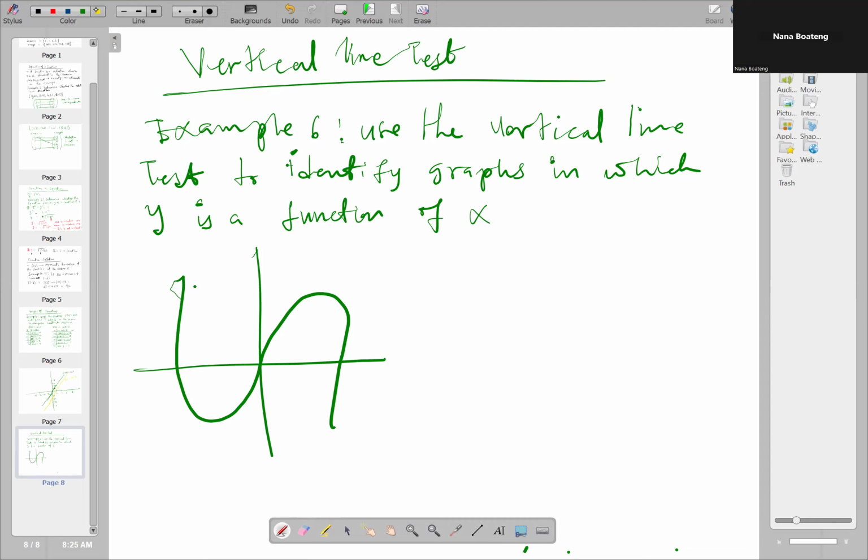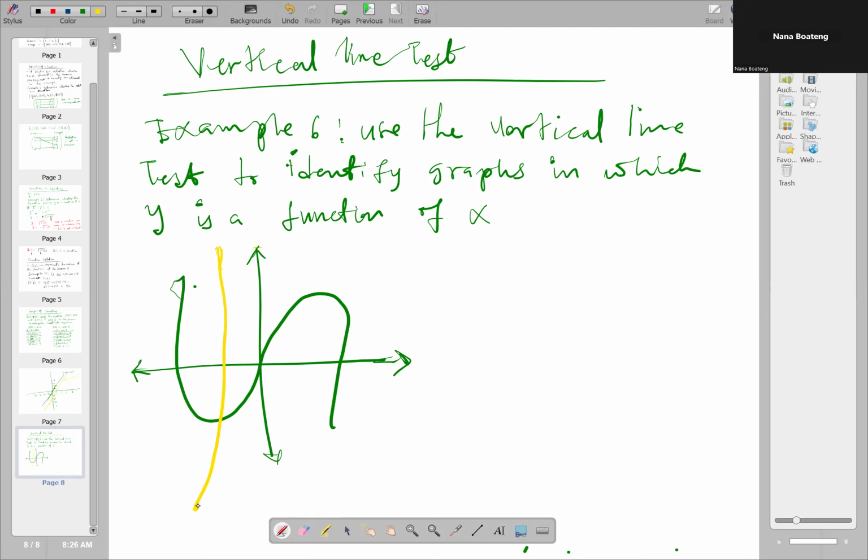So determine whether this is a function or not. You can draw a vertical line through this. And if the vertical line intersects once, then it is a function. So let's draw a vertical line through this.